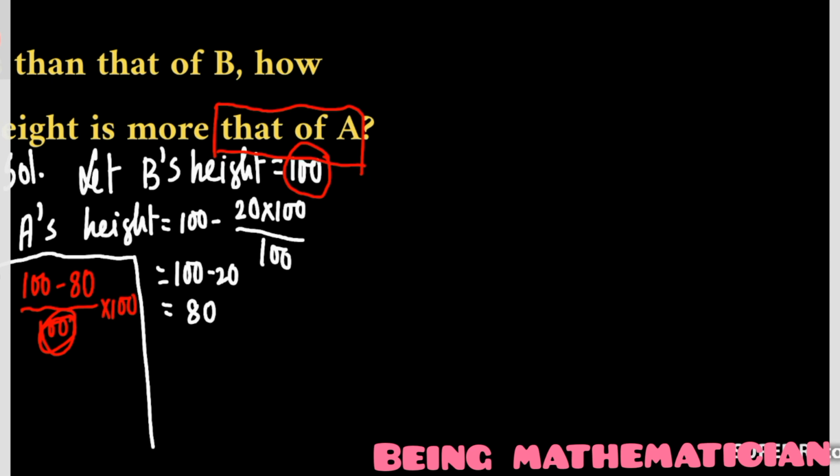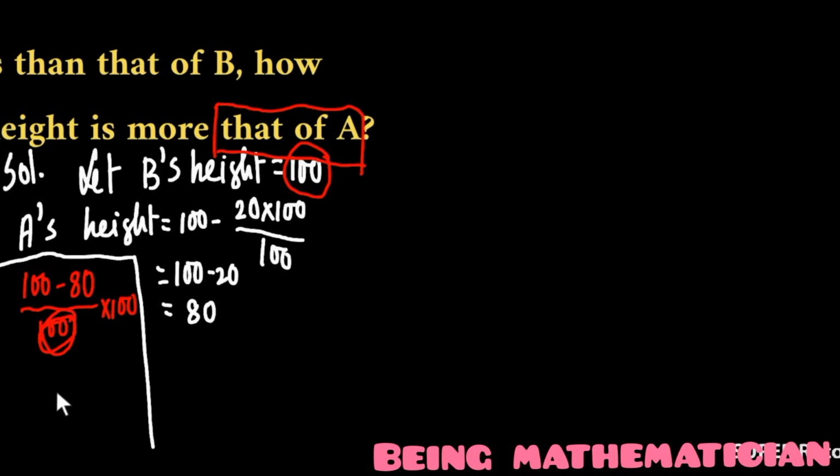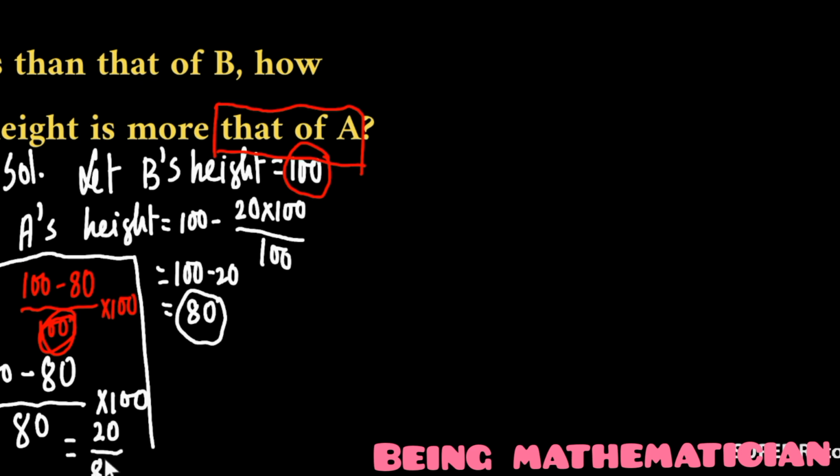So the correct answer will be 100 minus 80 divided by 80, because A's height is 80, and the percentage is into 100. That means it will be 20 by 80 into 100. So the correct answer is 25%.